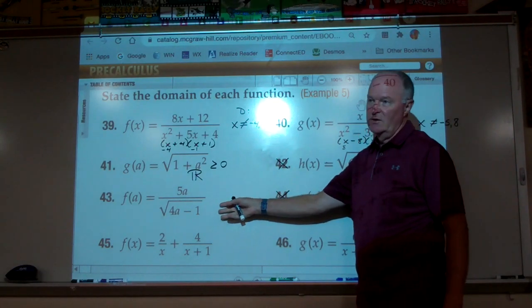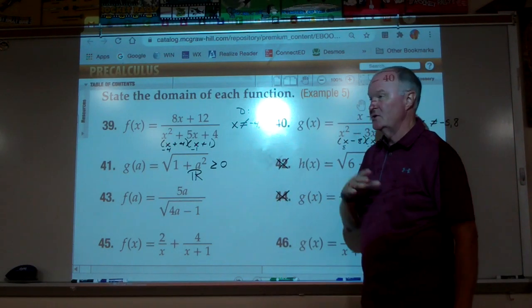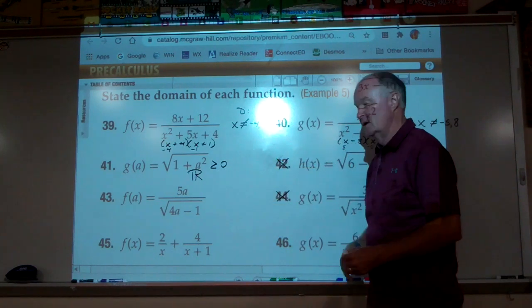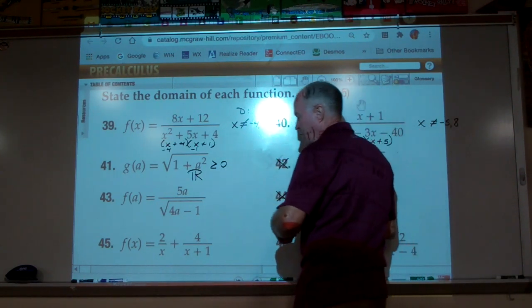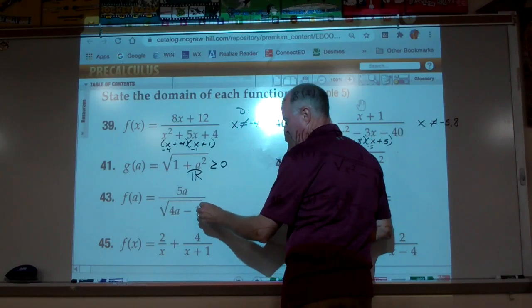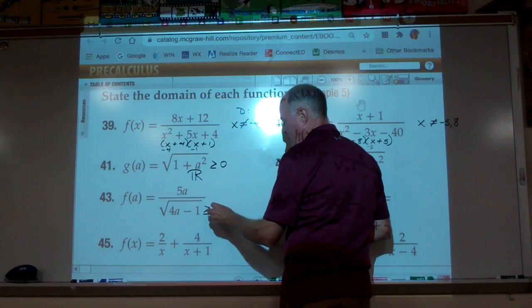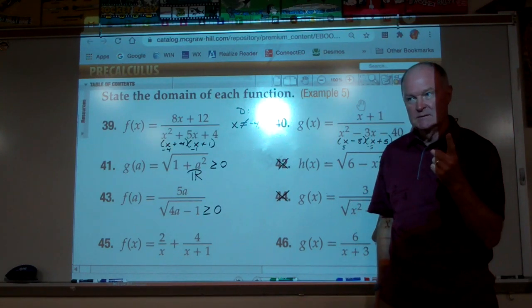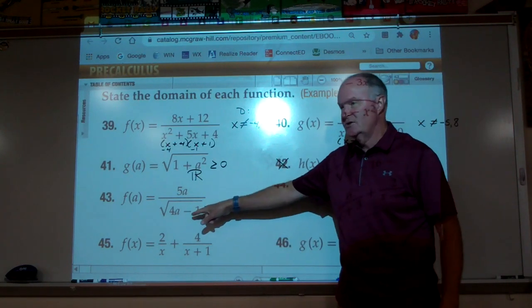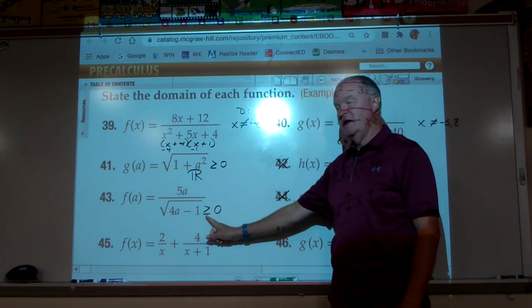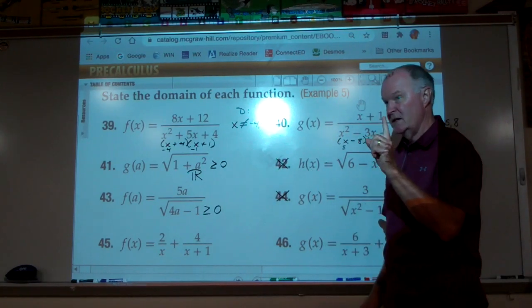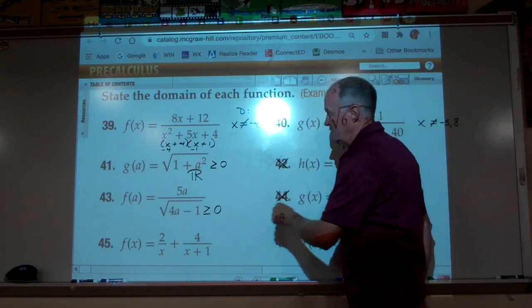42 we're skipping. 43, this is kind of the hard one, but not horrible. It's a combination of the fraction and the square root. If we start with the square root, we know that for sure 4a minus 1 has got to be greater than or equal to 0. But since it's a fraction, this saying it's equal to 0 actually would be bad, because that would blow it up. So we just make one slight change when you have a combination of the two.